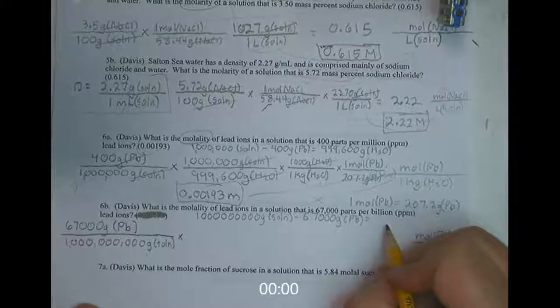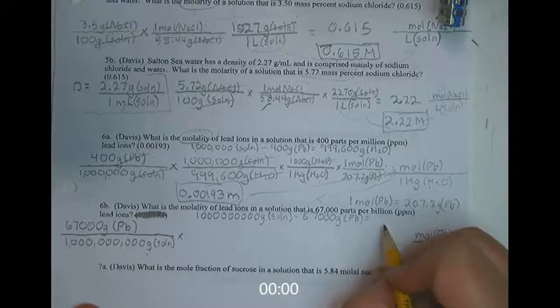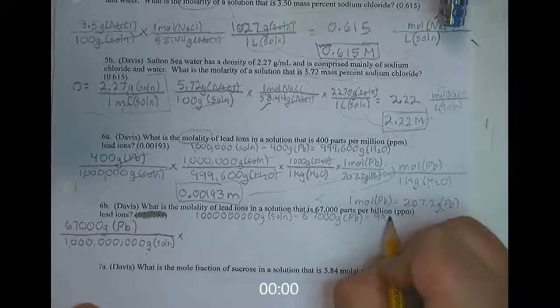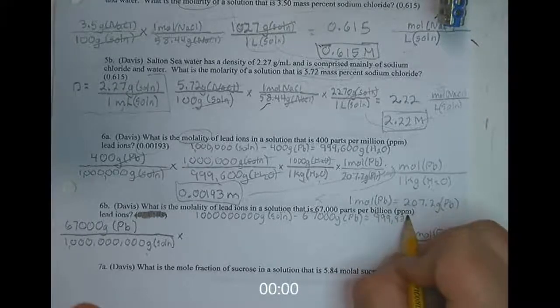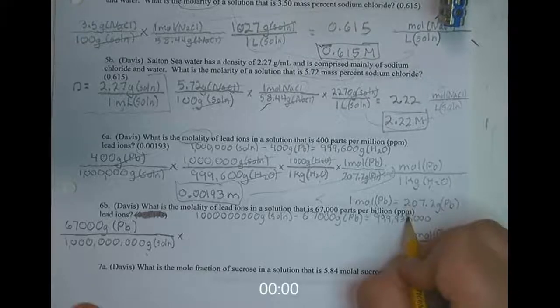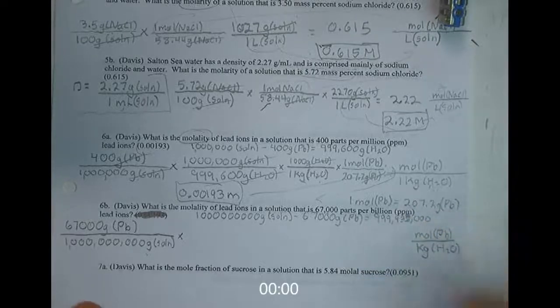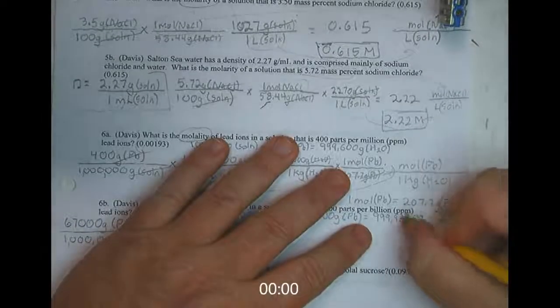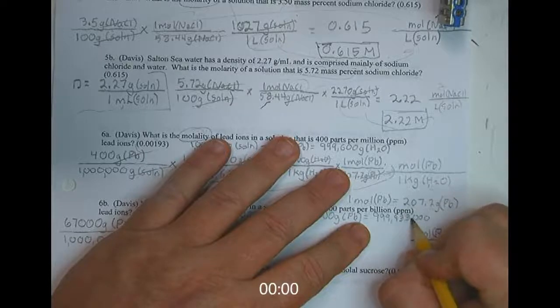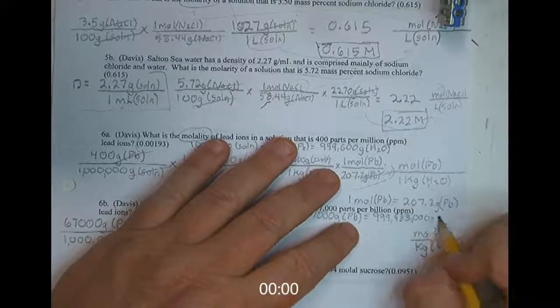And that number is going to be a big number, 933,000. Okay, that's a 3 right there. And that's grams of H2O.